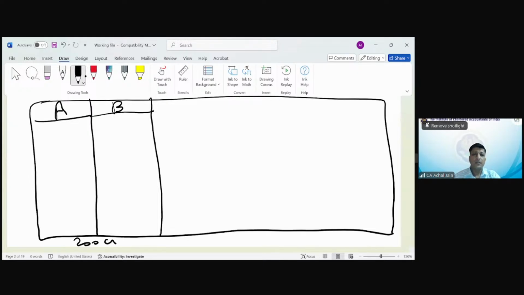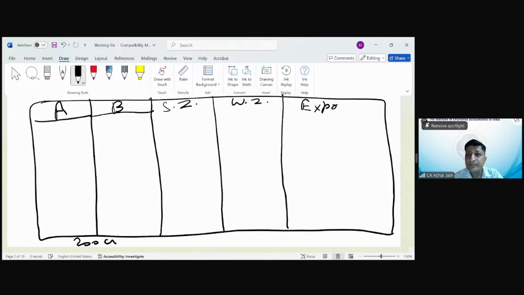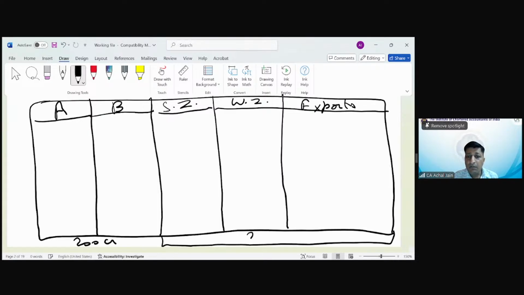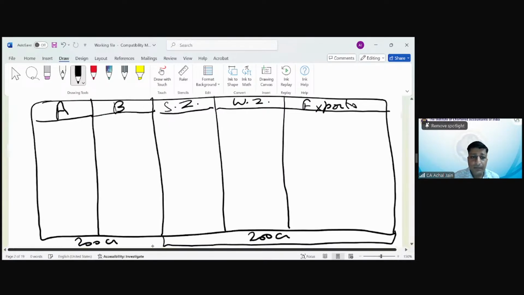Then there are some more populations you picked up. You picked up South Zone, you picked up West Zone, and you picked up exports. So all in all, instead of picking up one population, what did you pick up? You picked up 5 populations. And here again, the total is what? 200 crore.